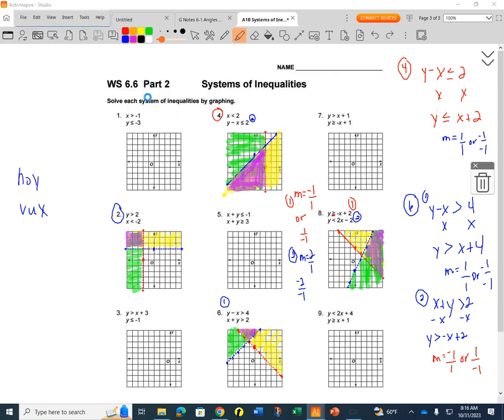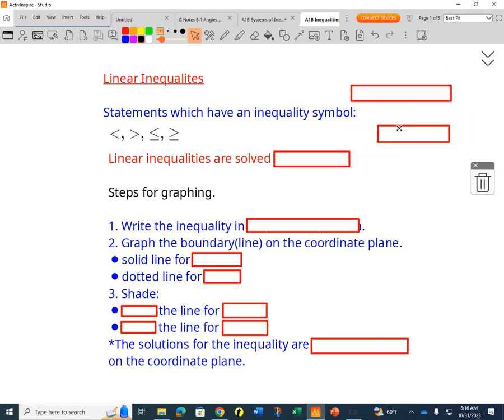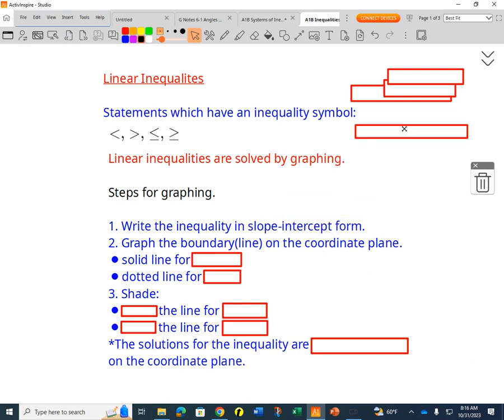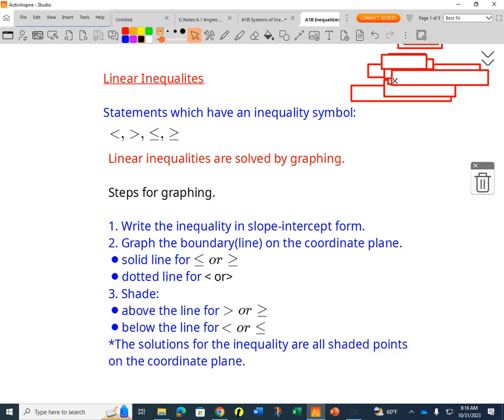There it is. Alright, I'm going to uncover all these boxes so you can see all the steps. You should have these notes. These were your notes from yesterday. But just in case, these are the steps you will use to graph each inequality.